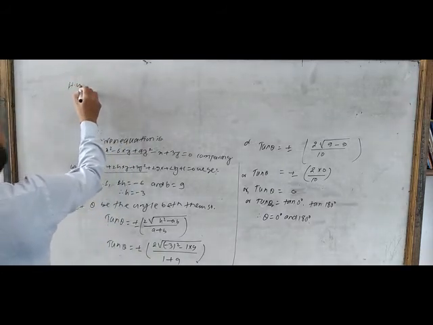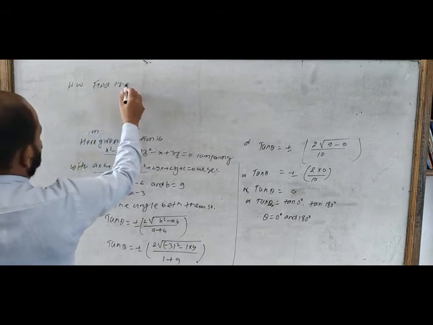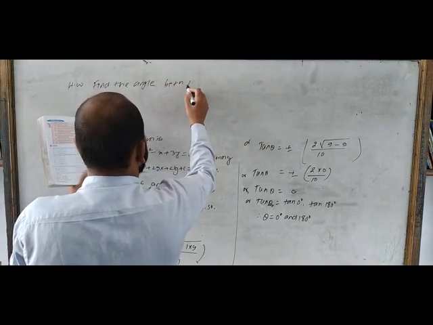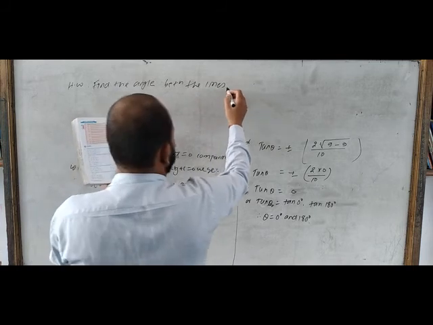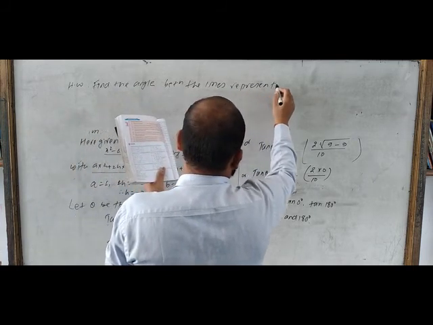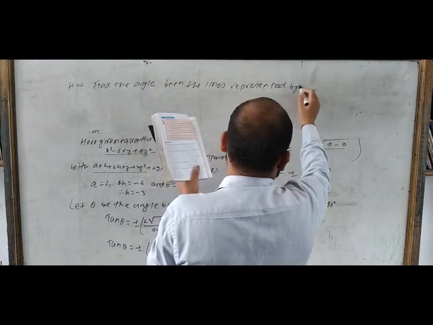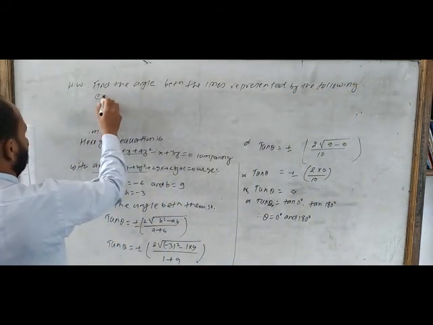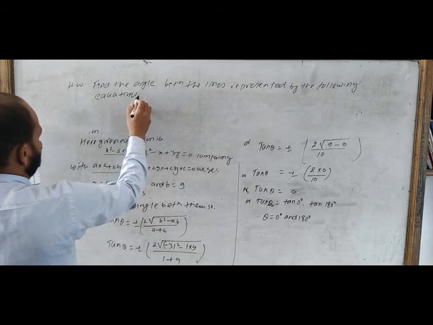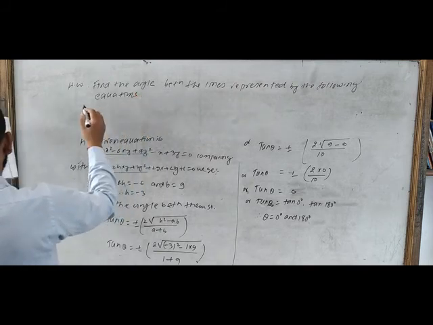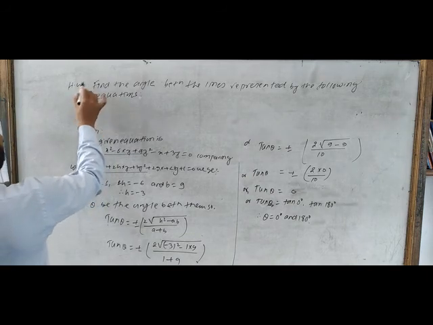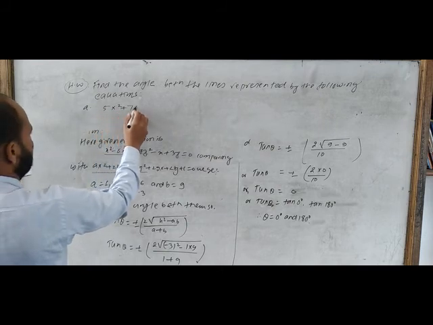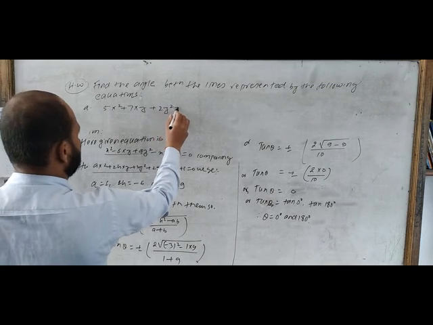For homework, find the angle between the lines represented by the following equations. Here in A number, this is your homework: 5x square plus 7xy plus 2y square is equal to 0.